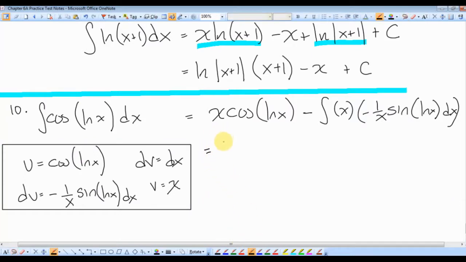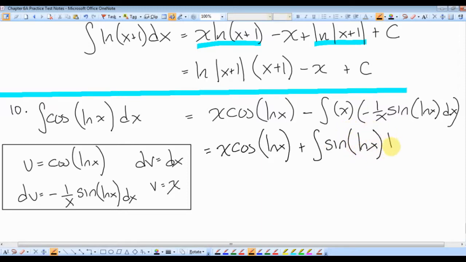Okay, let's go ahead and simplify this. x cosine of natural log of x plus the antiderivative of sine natural log of x dx. If you had a crystal ball, do you see what's going to happen here?